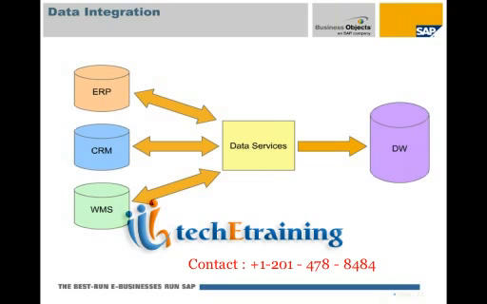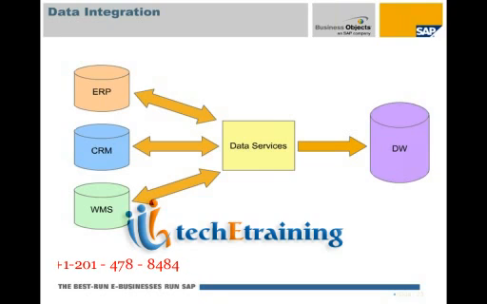But over and above that, if you look at the first half of the picture, there are bidirectional arrowheads. The reason is that I wanted to show that data services also has a staging layer, all right? In case you don't want to hit the warehouse, you want to do some cleansing of your data, you can extract data, cleanse and stage it at the data services level, and then push it back to your sources again.